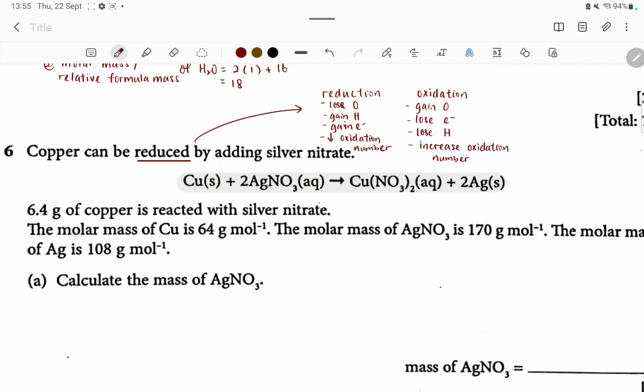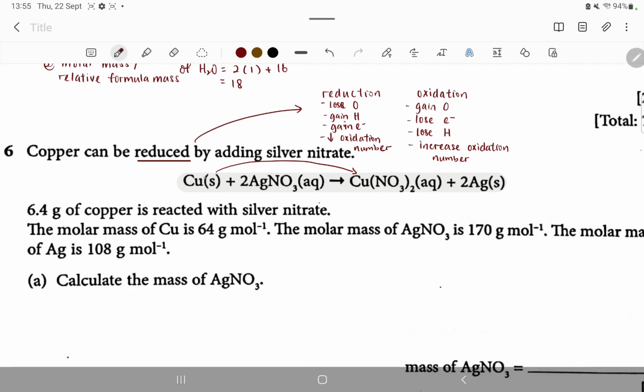Okay, so they give you that this one is reduction, copper. Notice that this copper here, the oxidation number is 0. Here is positive 2.